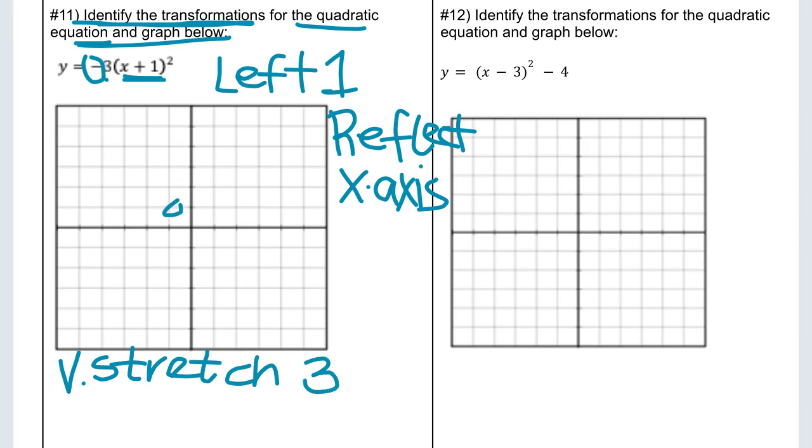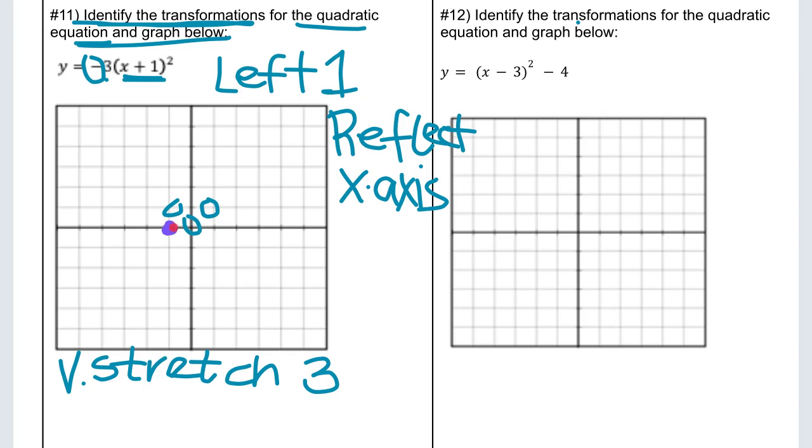So initially, our parent function has the points negative 1, 1; 0, 0; and 1, 1. We're going to start with moving the point at 0, 0. Move left 1, reflect over x.